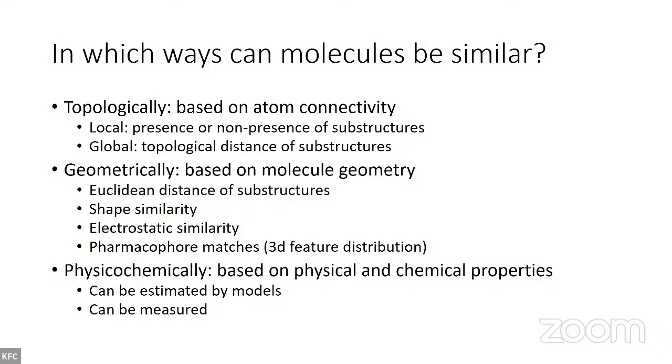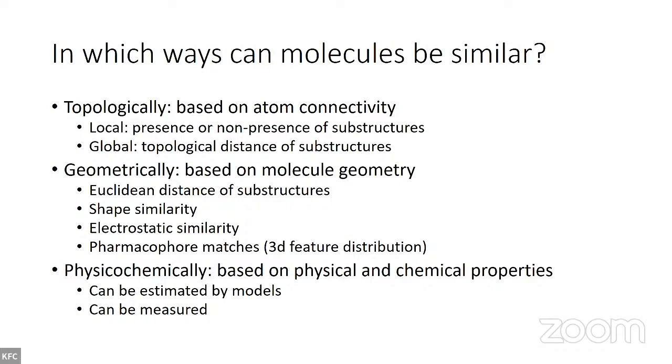Then the next type of similarity we can talk about is geometrical similarity, and this is based on molecule geometry, which means that we need coordinates. Usually 3D coordinates; in principle it can be 2D coordinates as well, but it tends to be more meaningful and more corresponding to reality to use 3D coordinates. In that case, for example, we can calculate the Euclidean distance between, again, substructures, functional groups, atoms, and so on.